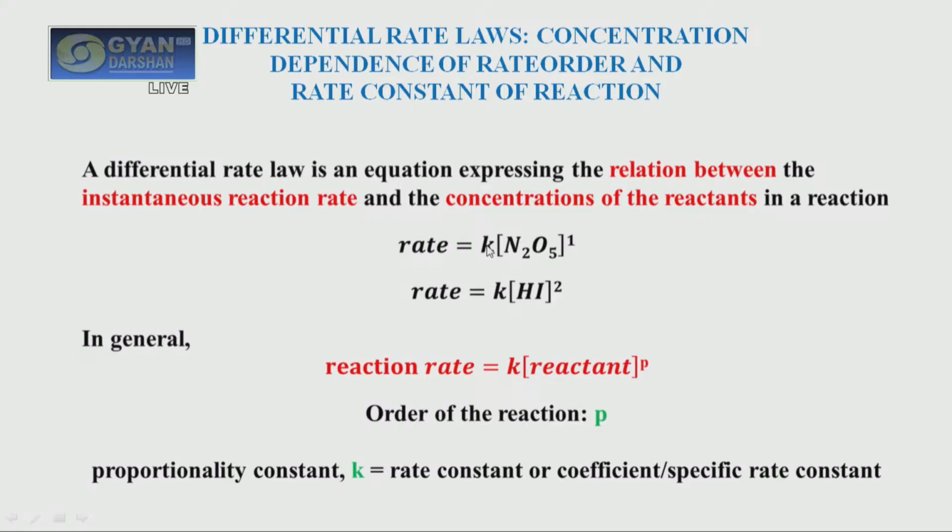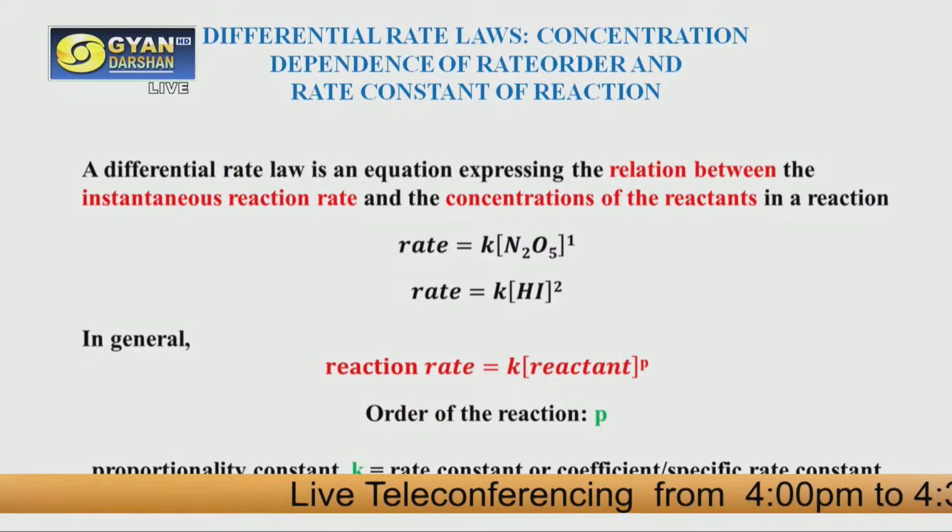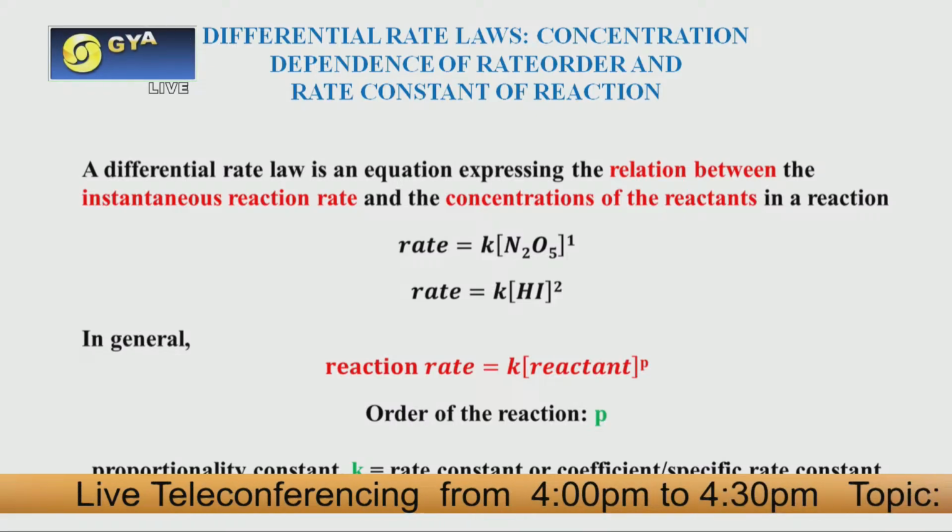Here we have given two examples, where the rate is equal to K times something. Later we will introduce what K is. In the first, this symbol designates the concentration of nitrogen pentoxide. It is to the power 1, meaning the rate is directly proportional to the concentration of nitrogen pentoxide.